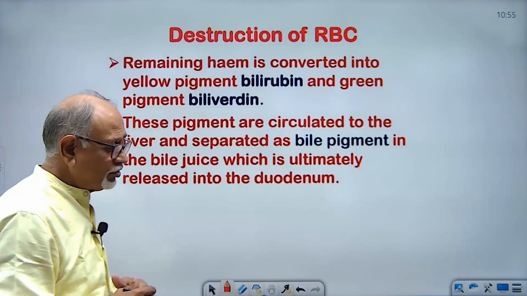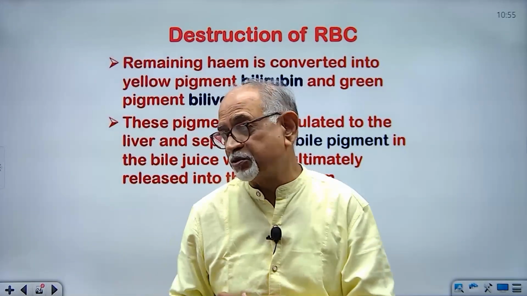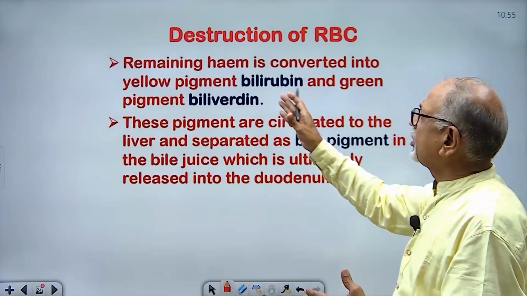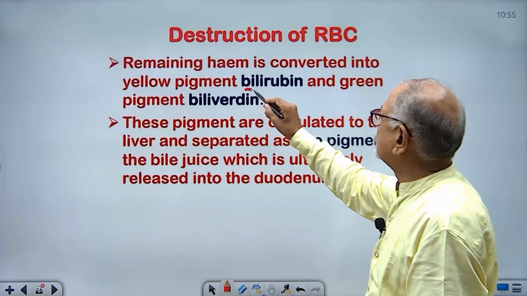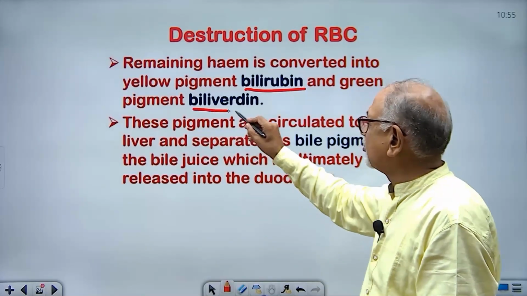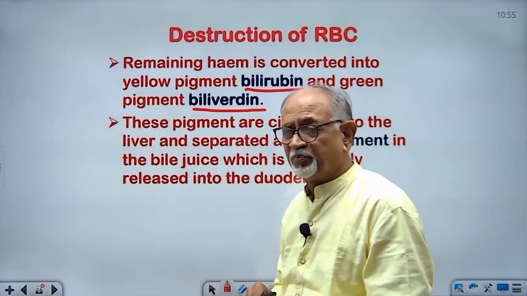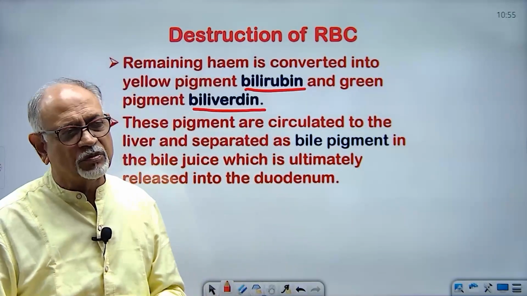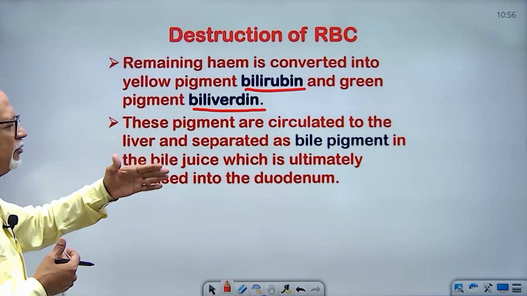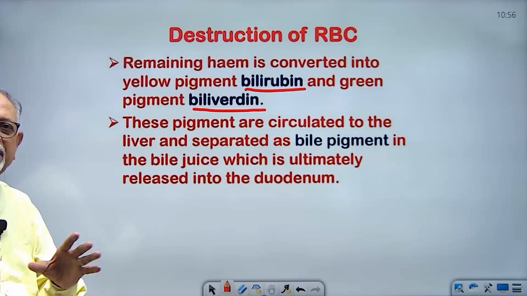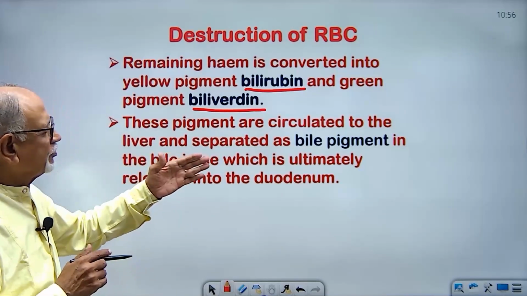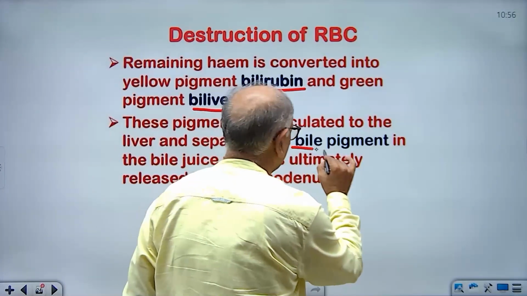Now, some amount of heme remains in the blood. What happens to that? It is converted into a yellow pigment called bilirubin and a green pigment called biliverdin. When these two pigments reach the liver, they are separated from the blood as bile pigments.